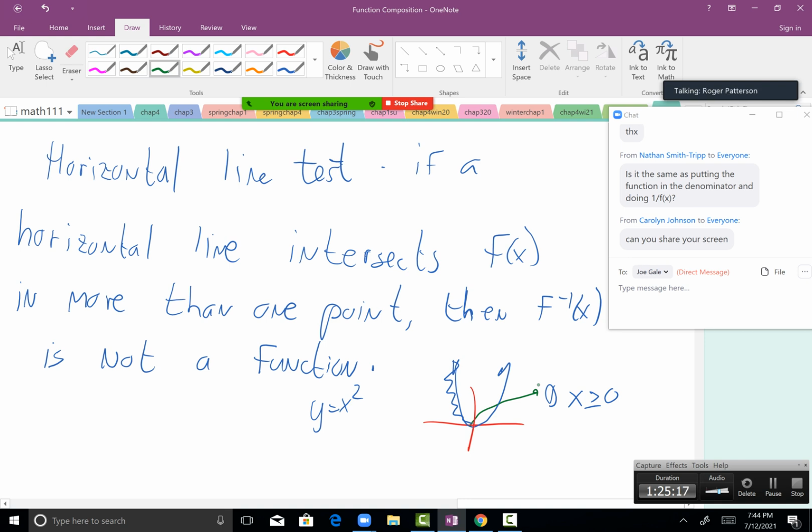And that's it. So that's what that horizontal line test was about.